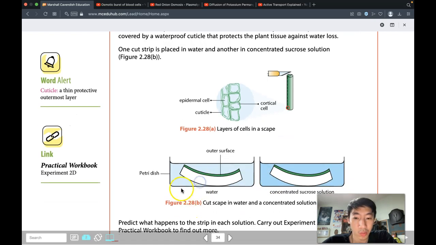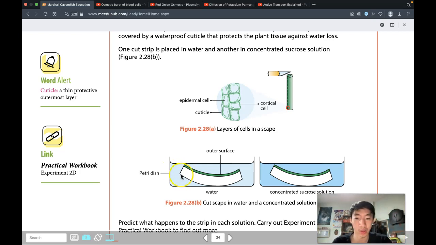So what happens is that when you put this into the petri dish of water, there will be a net movement of water molecules into the plant cell, and this will cause that cell to become turgid. It will expand in volume and in mass, and so the plant will become straighter and bigger overall.